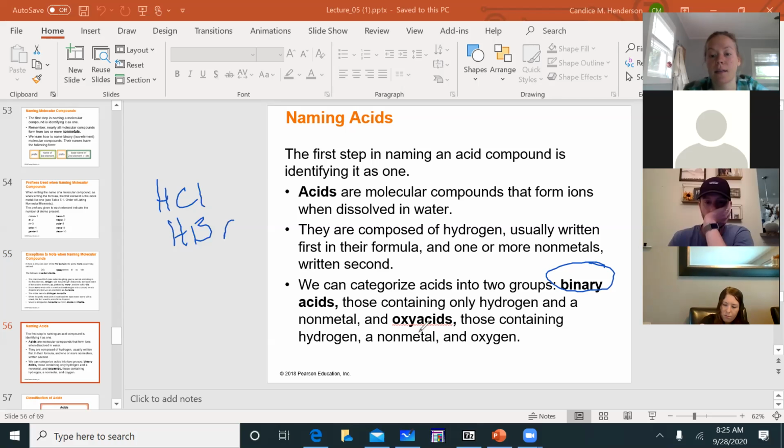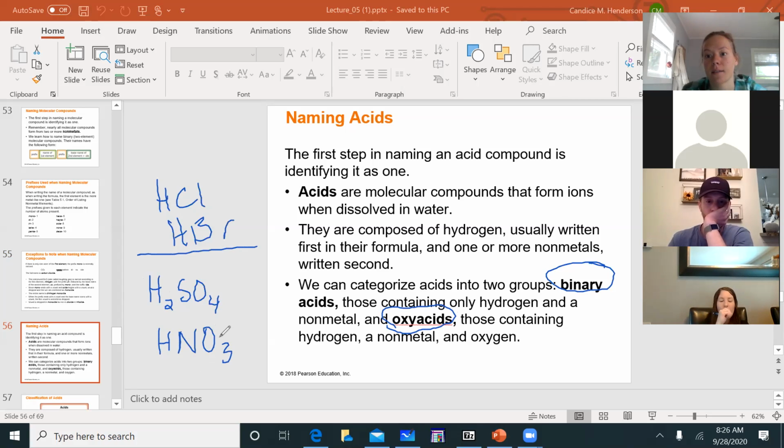An oxyacid is an acid that is a hydrogen combined usually with a polyatomic ion that has oxygen. So H2SO4, that would be an oxyacid. HNO3, oxyacid. All right, you guys seeing the difference between these and these? Binaries are the simpler guys. Oxyacids have the polyatomics. So how we're going to name this will be different than how we name this.